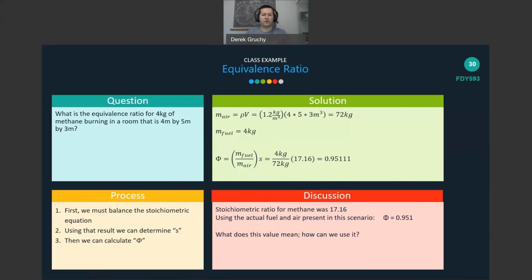All right, so we know that the situation is going to be over ventilated. So we have less fuel than we would expect, or more air than we would expect.